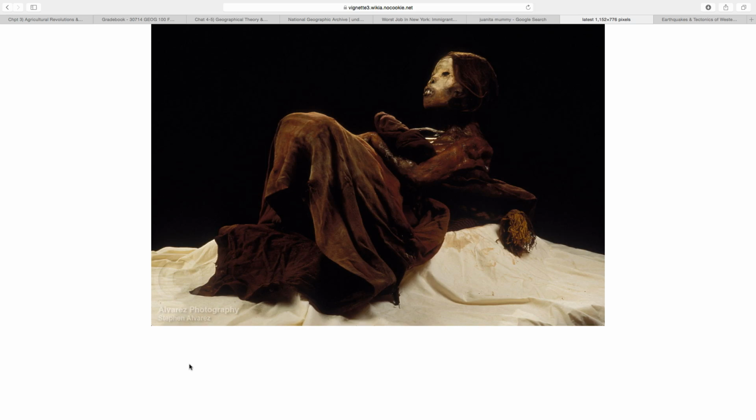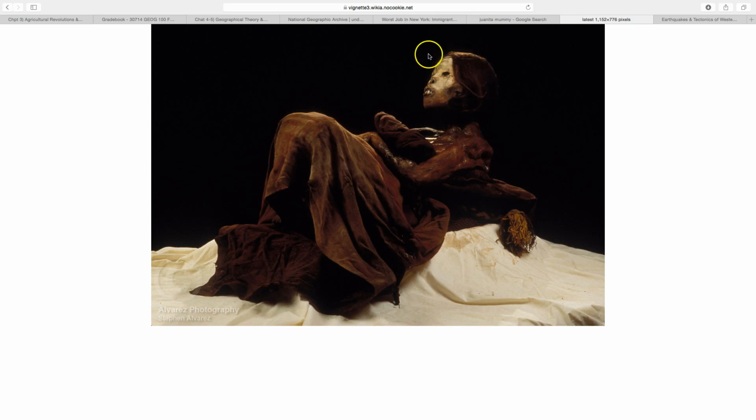Here's a picture of a mummy that was recently recovered. I think she was recovered in the 90s, when a gaseous spew from one of the volcanoes in Peru released ice blocks where the Juanita mummy was frozen, and scientists, archaeologists rushed to see what they would find in these ice blocks that had been released from a gaseous eruption, and they ended up recovering about 5 mummies of Inca children, and Juanita is one of them.